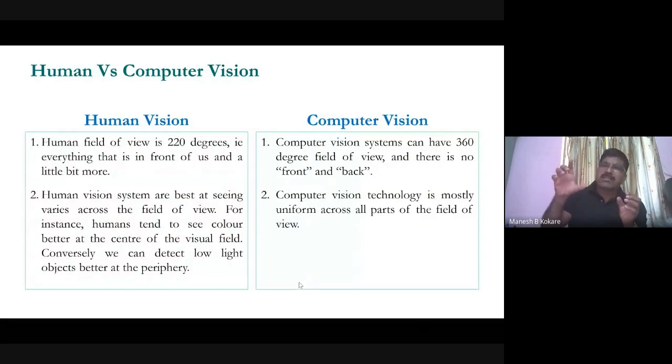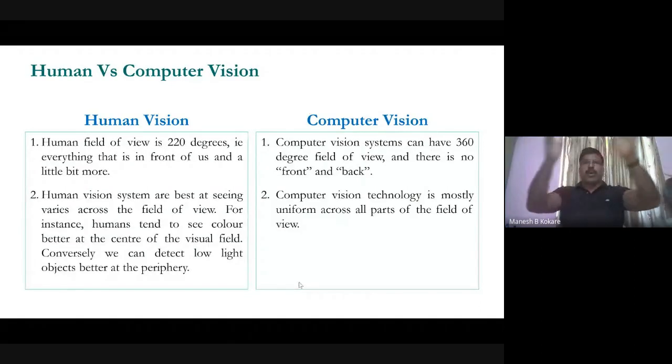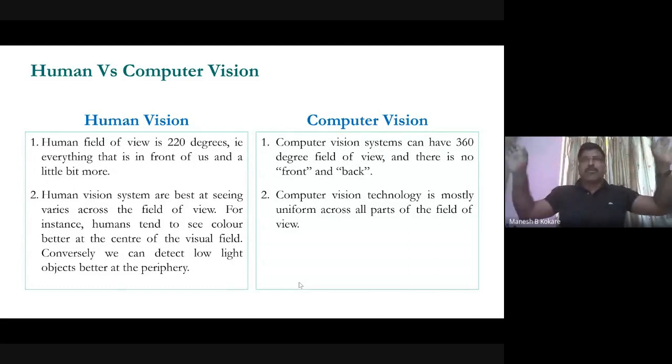Now, it's not like you can fix only one camera, you can fix many cameras. So you can have a 360-degree field of view in a computer vision system. You can see from the front, from the back, from the side, left, right, and so on. There is no concept of back or front. You can have as many eyes or cameras as you want in a computer vision system, but for a human being, there are only 2 eyes or 2 cameras.